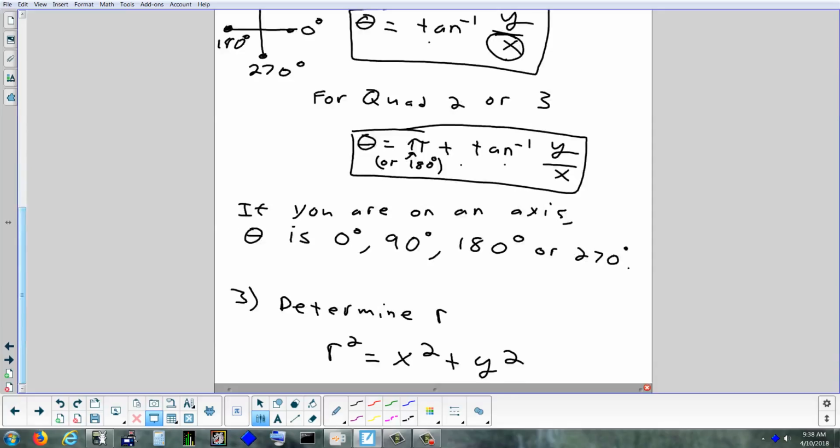So, I don't know if this would ever actually come up, but if the point was at the origin and it wanted us to write the point as polar, what would we say for the angle? Because it could be anything with a radius of 0. I won't give you a point at the origin. But technically in polar, you could write 0, comma, n, where n is any real number.